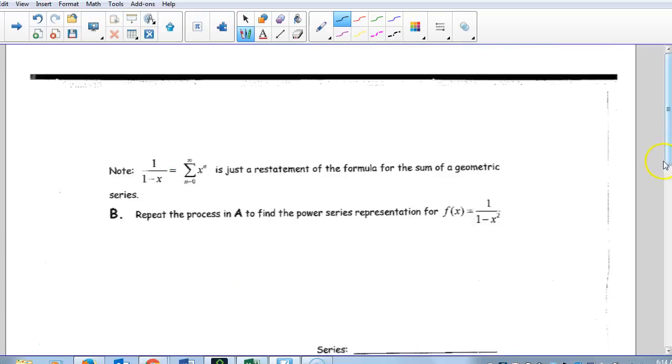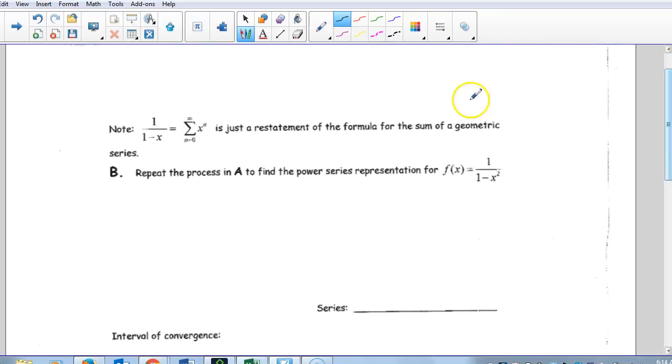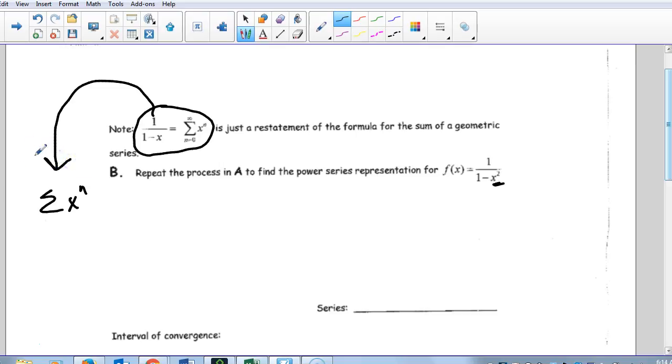So here's the type of thing that we're doing. I know, because I just proved it, that this is true. So if I want to do the same thing but I want x squared, let me write out the original. x to the n, which is the definition of 1 over 1 minus x, from 0 to infinity, is 1 plus x plus x squared plus x cubed, x to the 4th, plus blah, blah, blah.